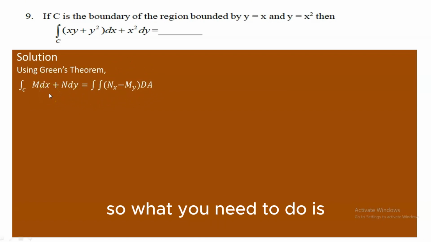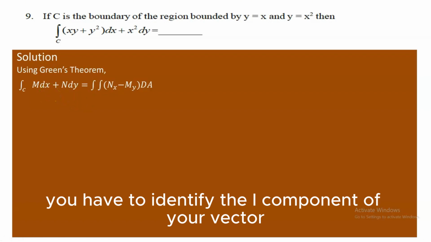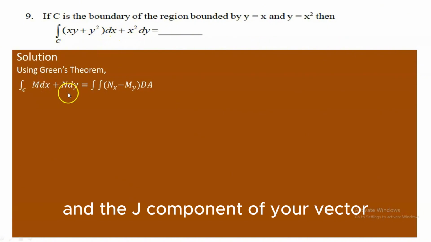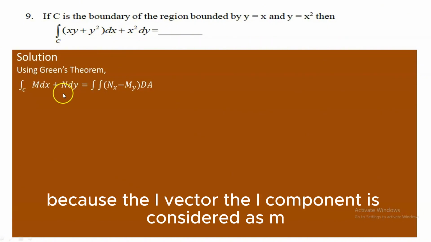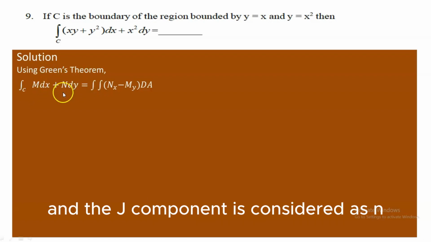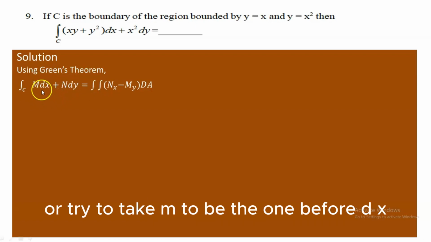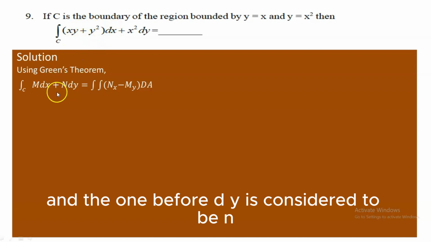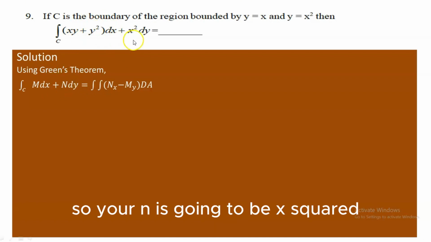What you need to do is identify the i component of your vector here and the j component of your vector, because the i component is considered as M and the j component is considered as N, or try to take M to be the one before dx. So this is your M, as you see, and the one before dy is considered to be N, so your N is going to be x squared.